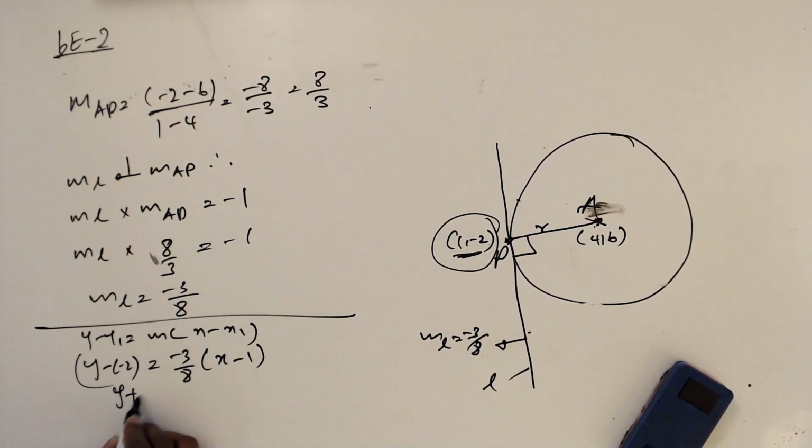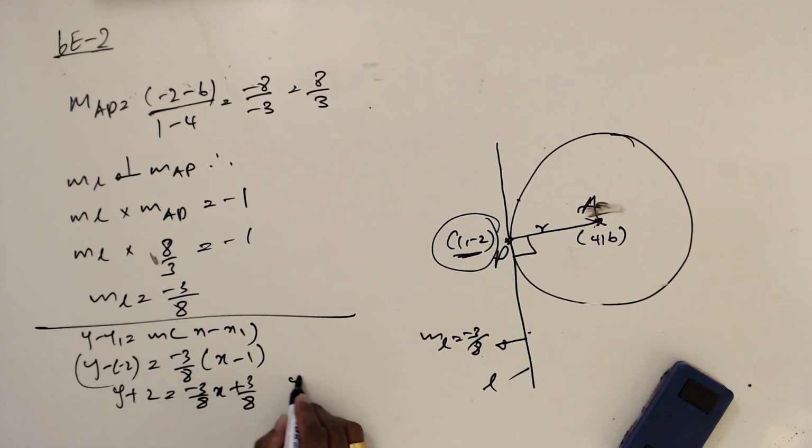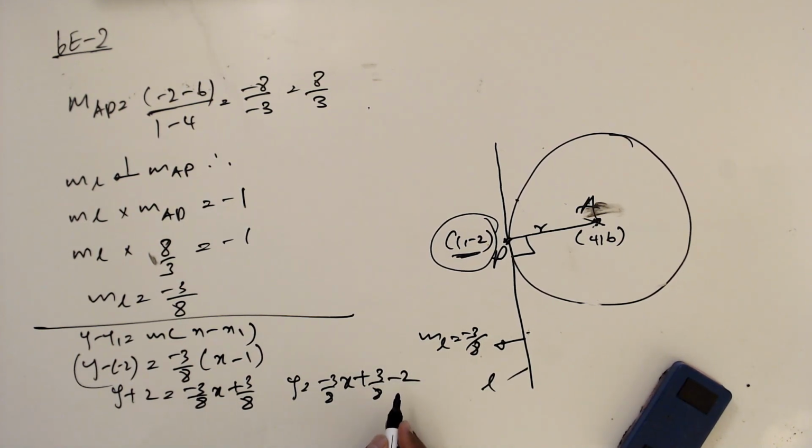So y plus 2 equals minus 3 over 8 x plus 3 over 8. So y equals minus 3 over 8 x plus 3 over 8 minus 2. So y equals minus 3 over 8 x minus 13 over 8.